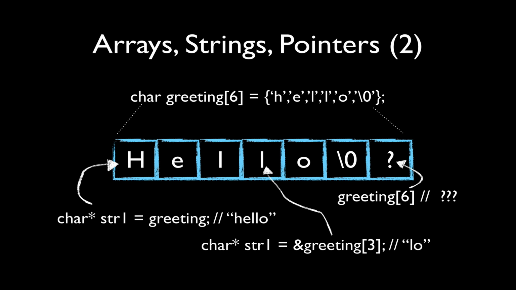The C compiler and runtime are not going to check for that, so we really don't know what could happen there. It could be a reference to a garbage value, or it could be an invalid address and could cause our program to fault and abort. So just like when we work with arrays, when we're indexing character arrays, in other words strings in C, we always want to make sure that our indexes do not go off the end of the defined array.